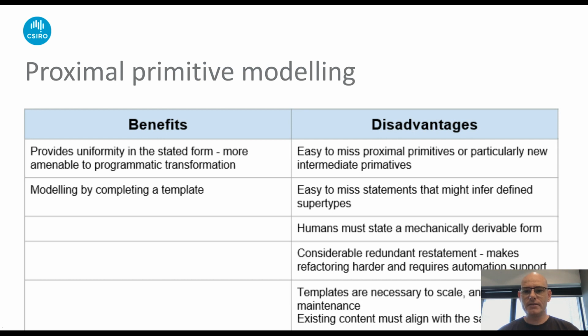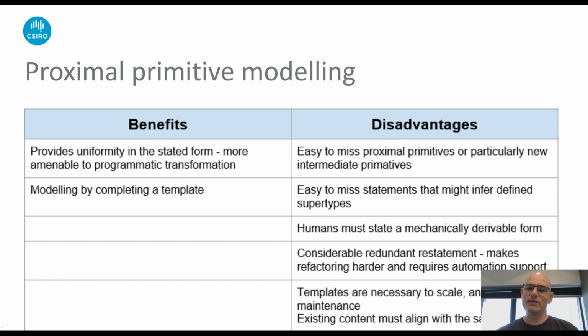It's easier to miss statements that might infer other defined supertypes that probably should be there, but might not be. And we're getting humans to state a fairly mechanical form rather than a more human form.